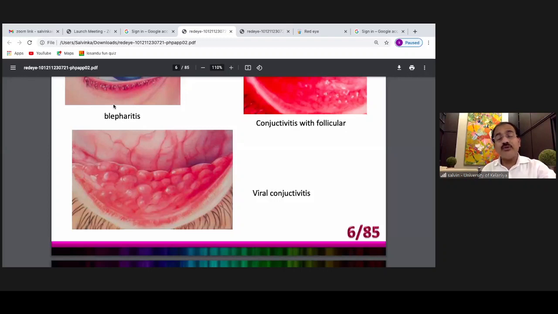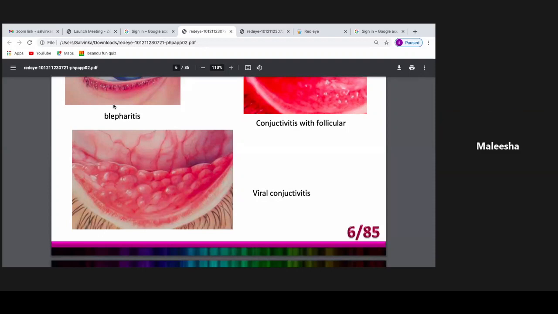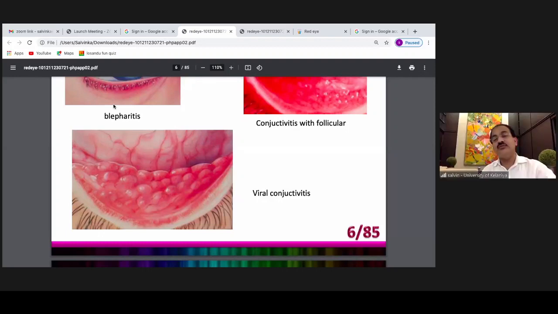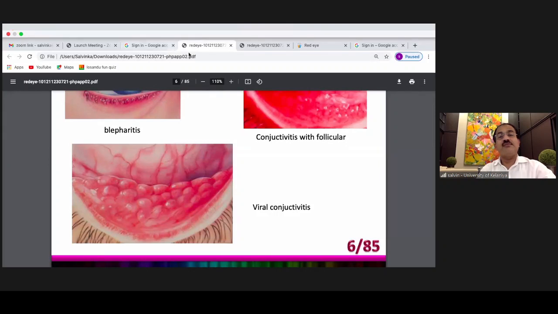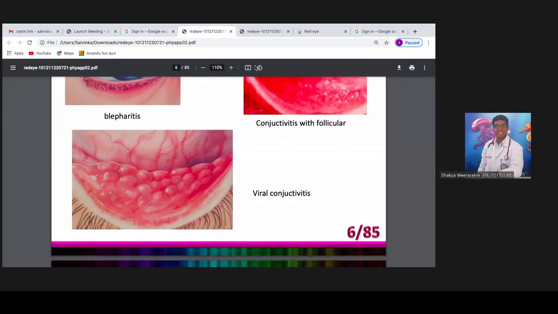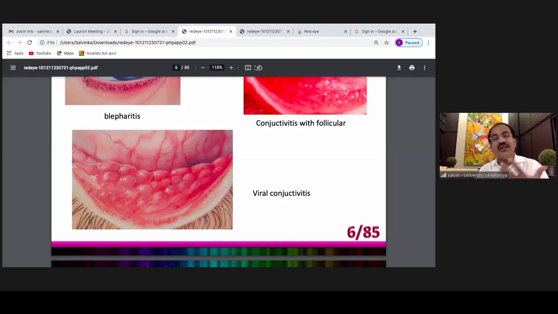And what will happen to the vision? Anyone? Nothing happens. Yes. There will be no or few visual symptoms. Very good. Because this is the conjunctiva, vision is not affected.